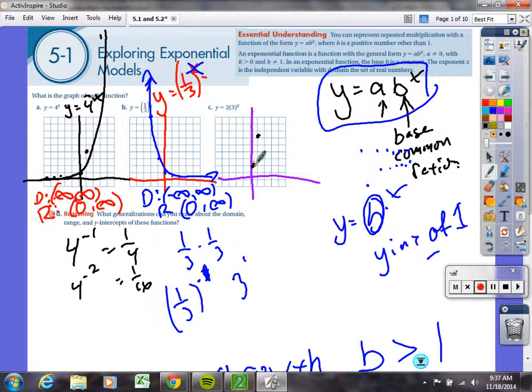That's obviously going to affect your y-intercept as well. But if you're just in y equals ab to the x, then a will always be your y-intercept, because anything raised to the 0 power is 1. 1 times a is a. Does that make sense? Sir? We'll talk about that.